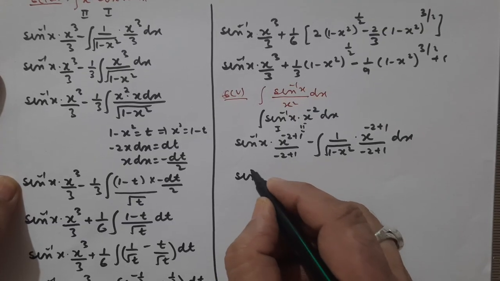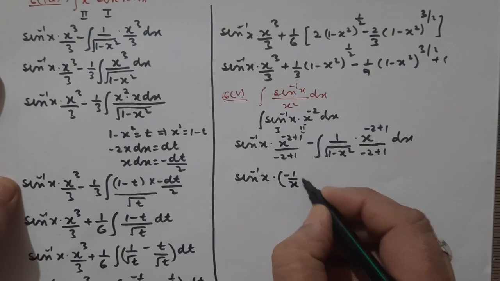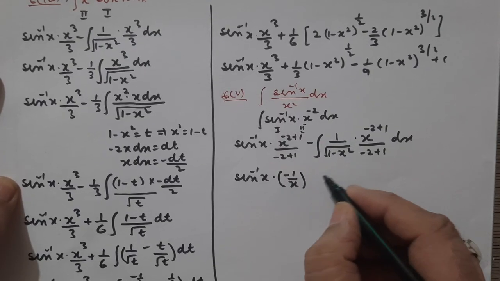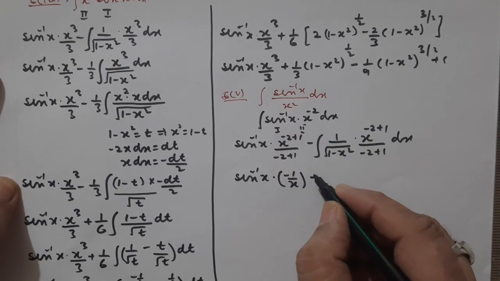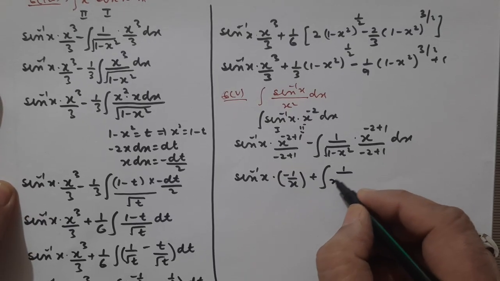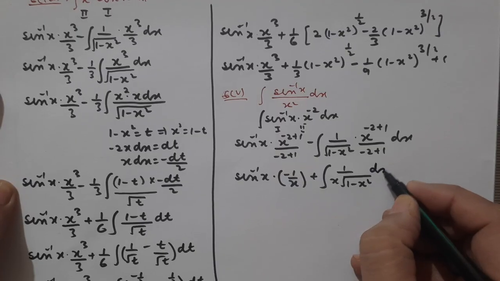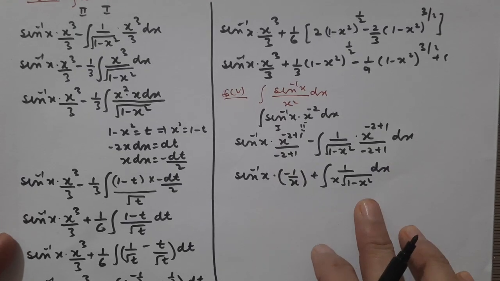So we get sine inverse x into minus 1 by x, and minus and minus makes plus, so we get 1 upon x under root 1 minus x square dx. We are getting the integral like this.